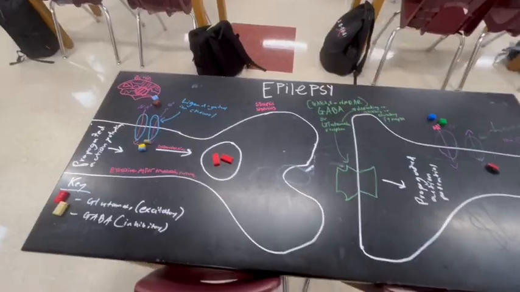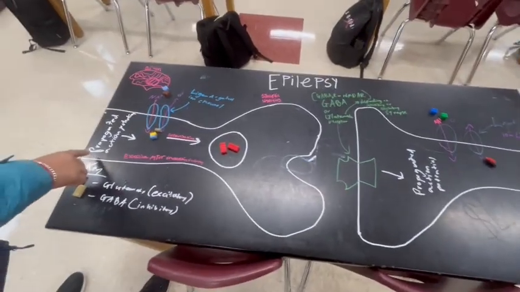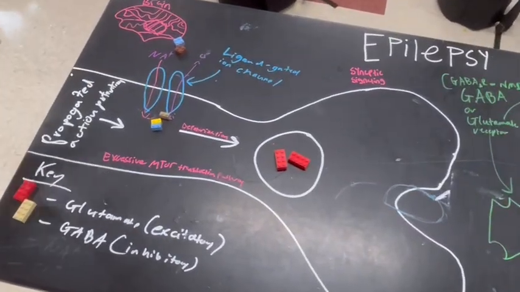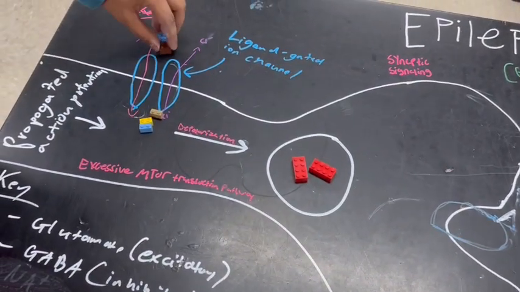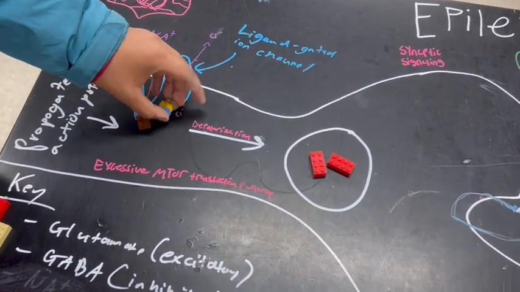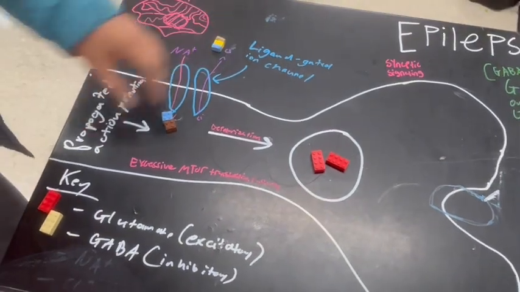For the excitatory synapse, a propagated action potential, saying that there must be an excitatory signal, causes more positive ions to flow in and more negative ions to flow out.